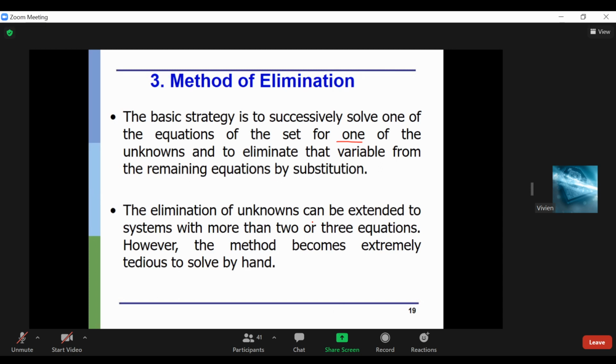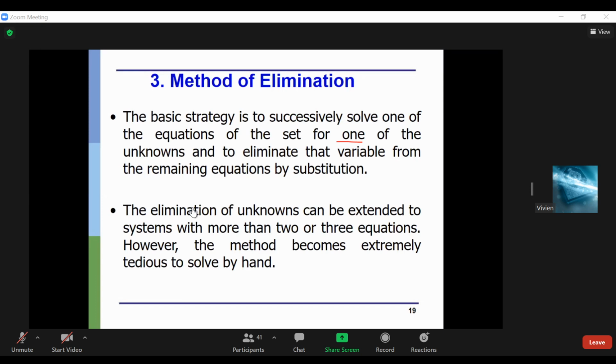It means that if you want to do it manually, it's not very easy. This method becomes the basis for the numerical method which we will learn later, Gaussian elimination. The basic concept is similar: eliminating the variables so we end up with only one variable that we can solve for.